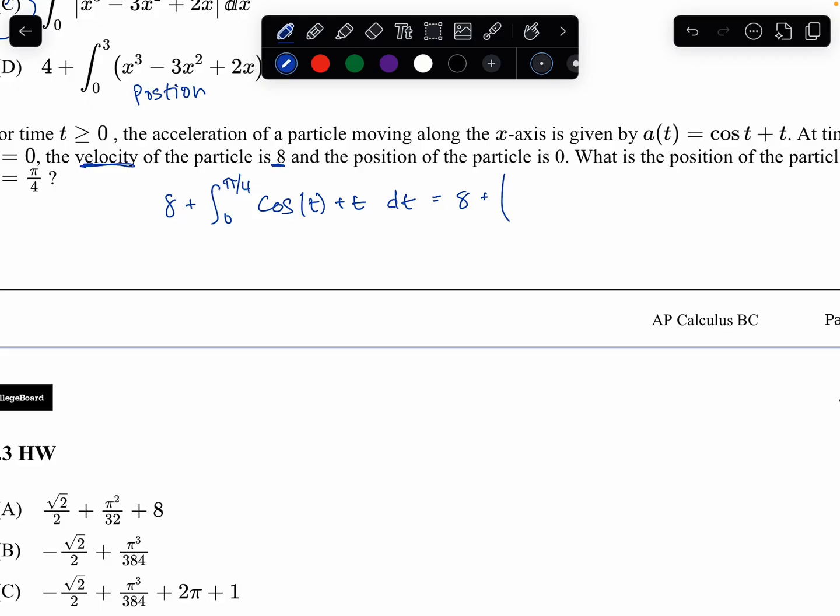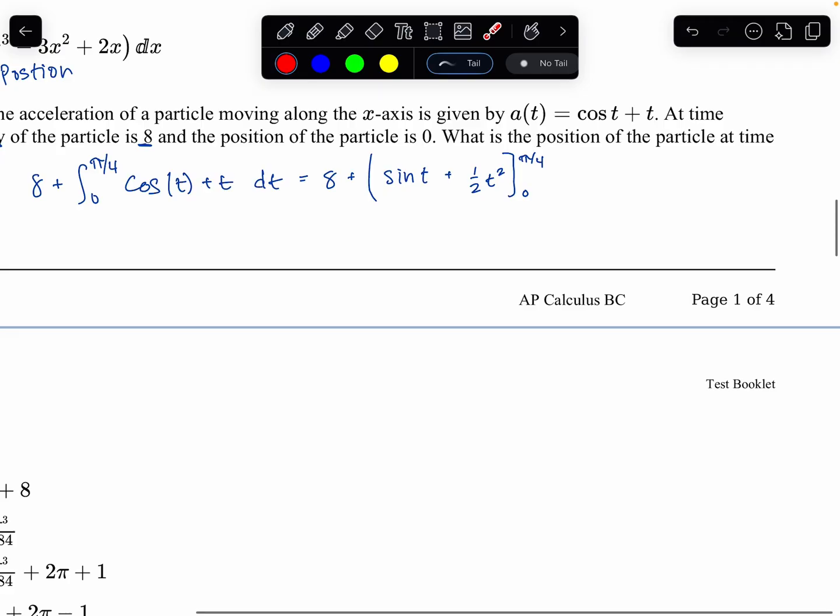Whenever I evaluate these values here, the integral of, I think it's going to be sine of t plus 1/2 t squared, and this is from 0 to pi/4, and then we're going to plug in pi/4 and 0.